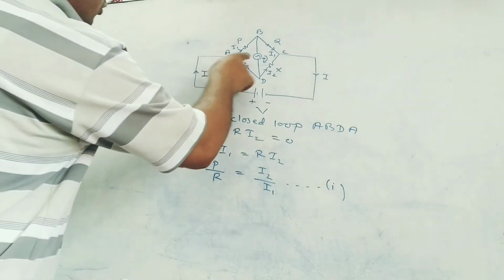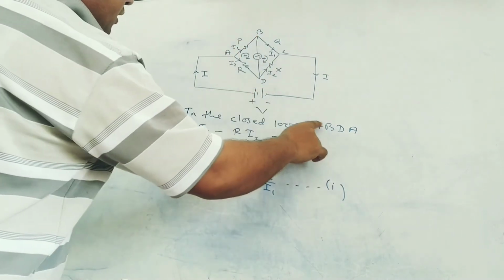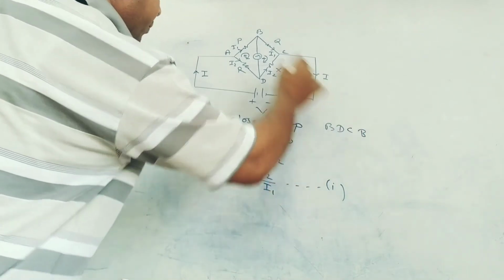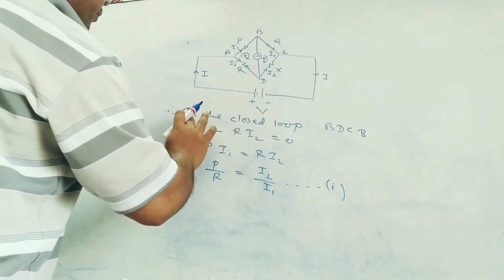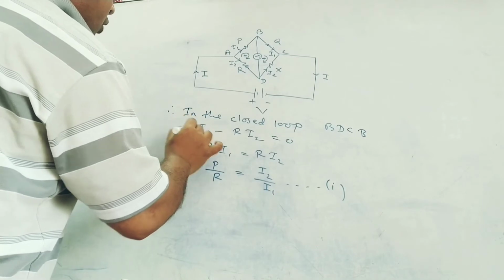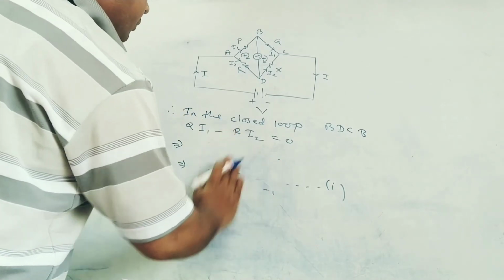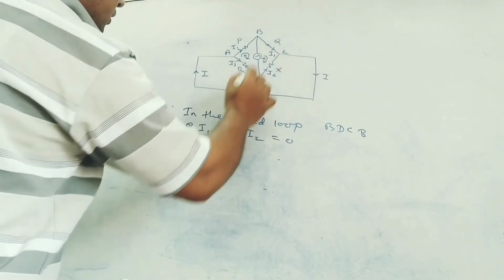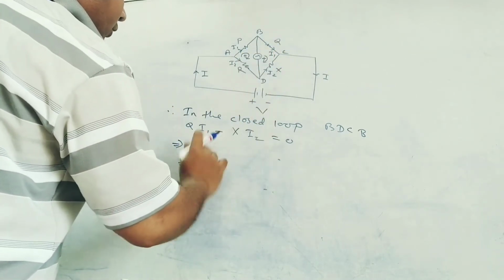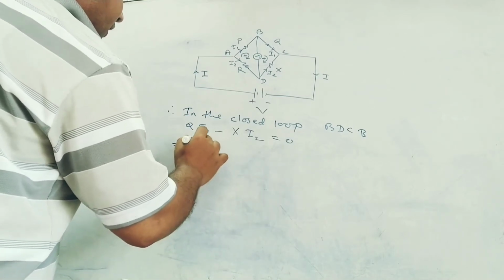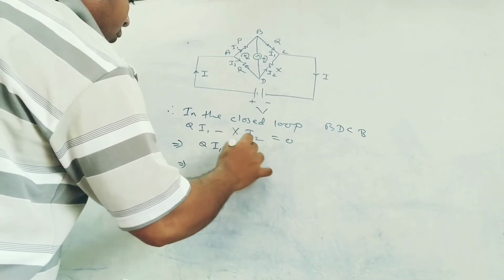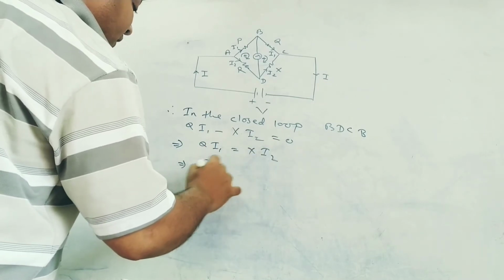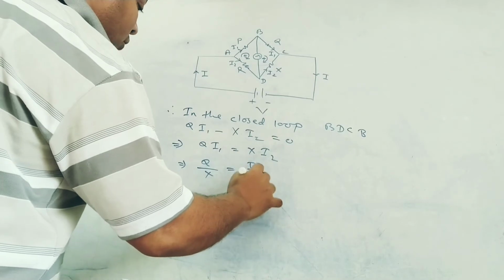Similarly, in the closed loop BDCB, we have Q I1 minus X I2 is equal to 0. This gives Q I1 is equal to X I2. Therefore, Q by X is equal to I2 by I1.